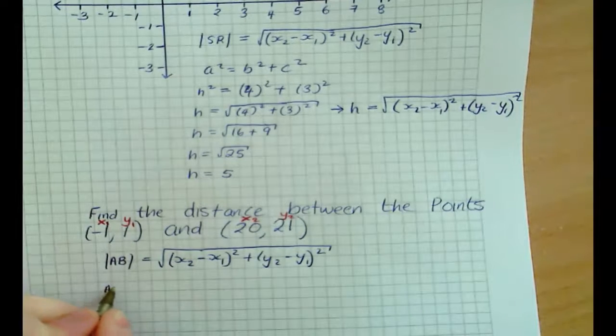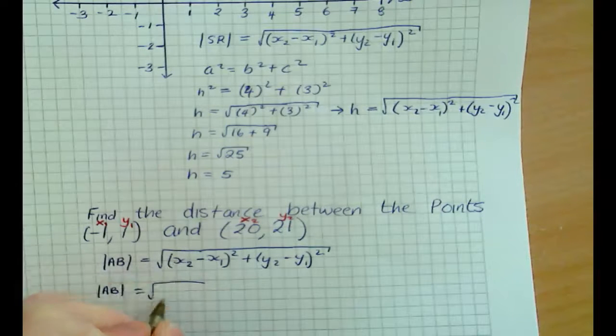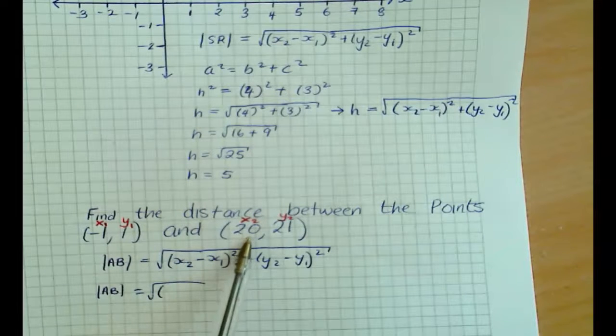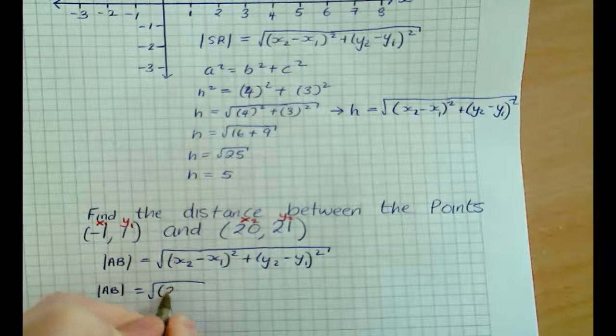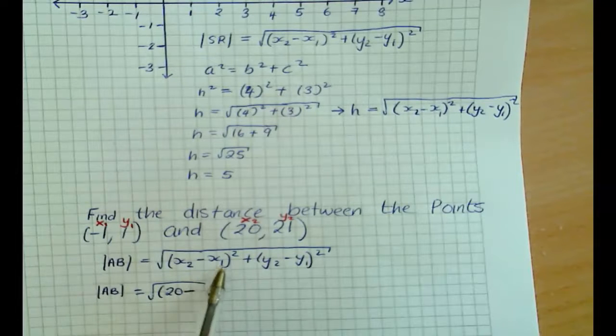So then the length of AB is equal to the square root of, open up your bracket, x2. So what did we label x2? It was 20. Take away x1. So what did we label x1?